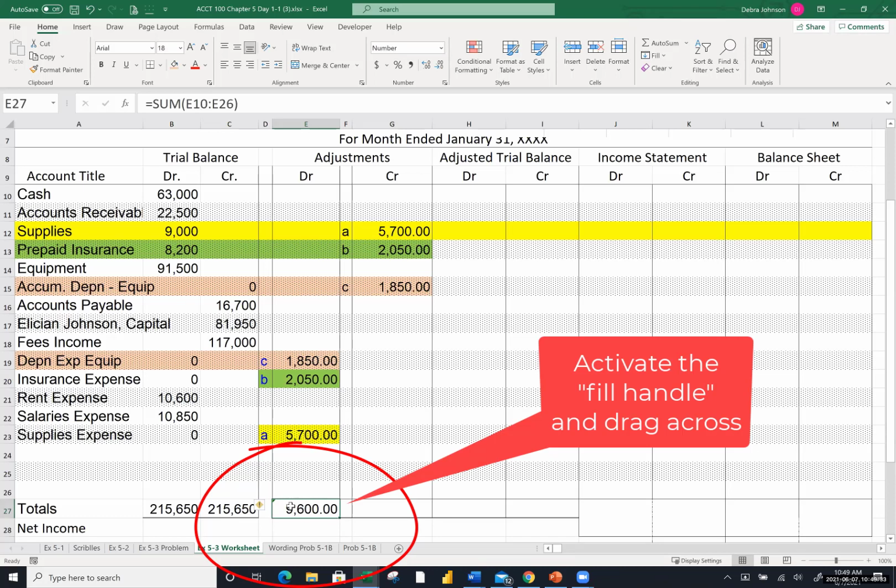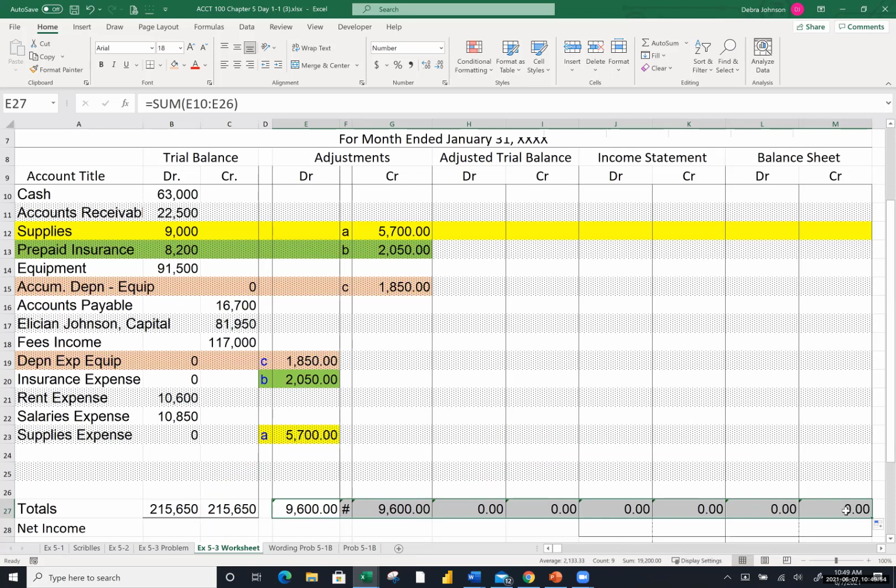You'll see that in the middle of the cell, it's a fat cross. When I move my cursor to the right-hand corner, it turns into a little skinny cross. Grab your mouse, hold it down, and take it off to the right, all the way across. And what that will do for us is every time we put numbers in this worksheet, it'll automatically total it for us, which is much better than having to go back to this calculator every single time.